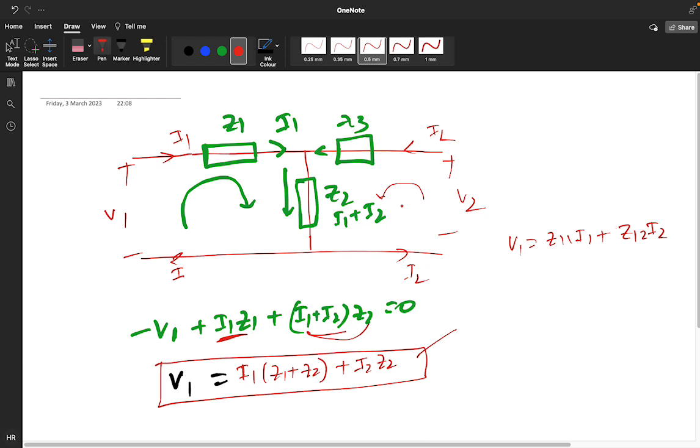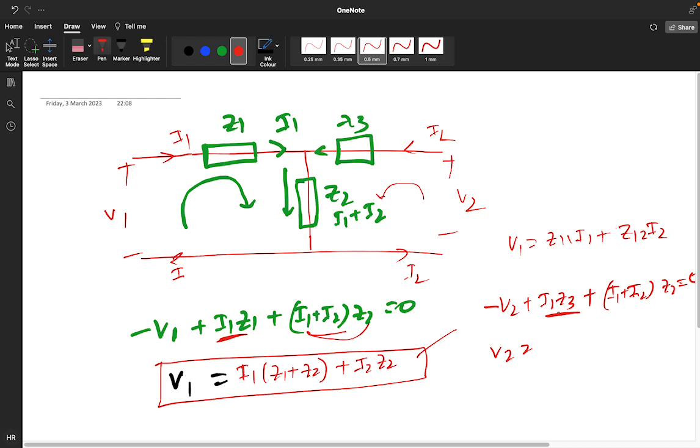So what will you get? Just tell me. You will get minus V2, I2 is going, so plus I2 into Z3 plus I1 plus I2 is coming, it will be multiplied with Z2, and the result is 0. So what will we get for the V2 value?